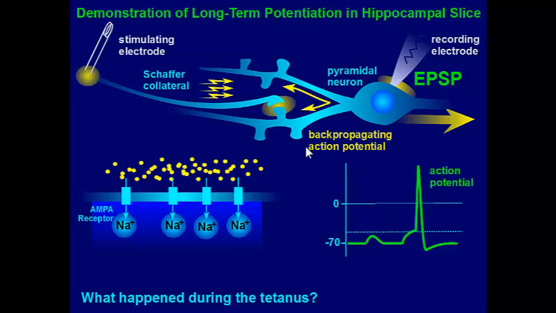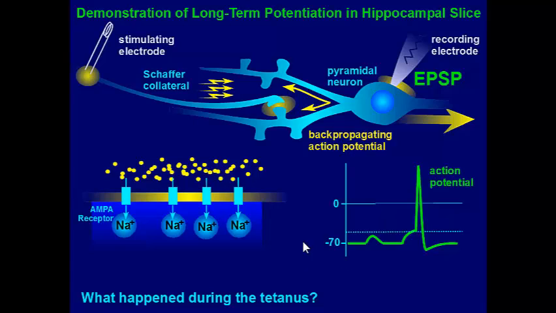And for this reason, because it's going back into the dendrites, it's called a back propagating action potential. And it just goes up all the dendrites, causing a strong depolarization. So here's our membrane here in the synapse, and because of this back propagation, we have a very strong depolarization. And now, this is during the tetanus.